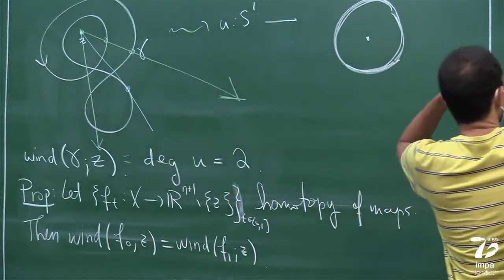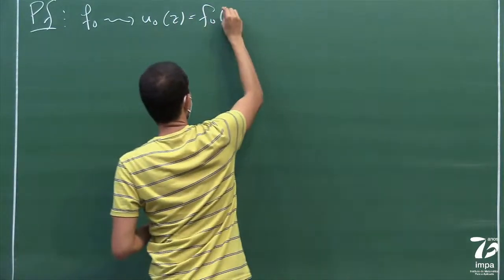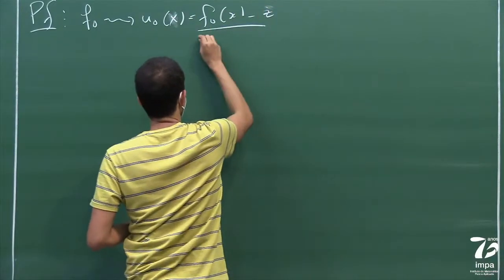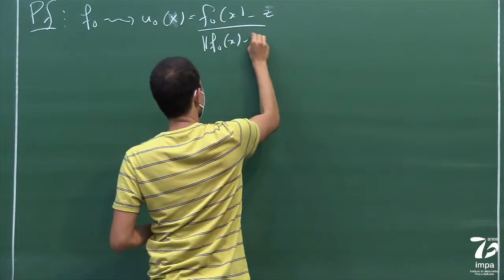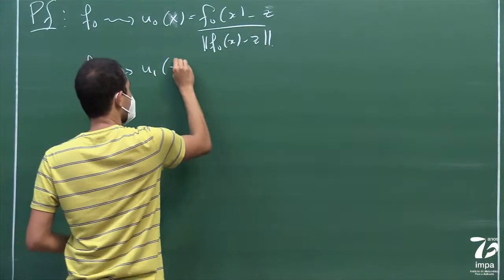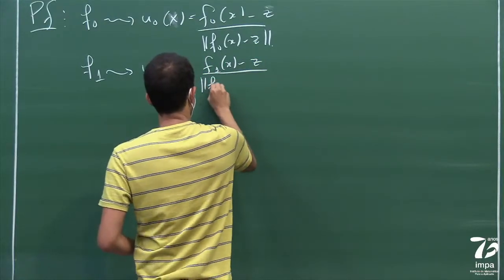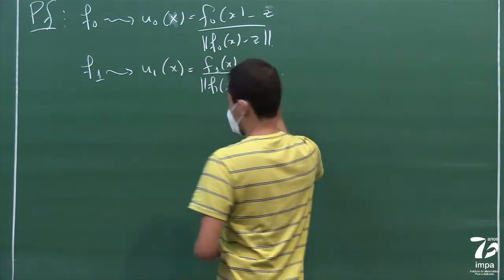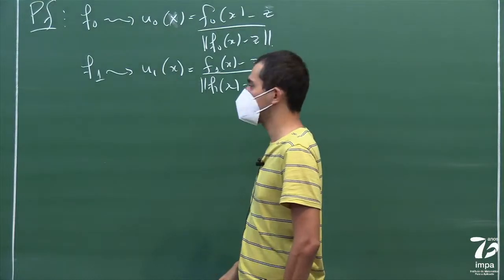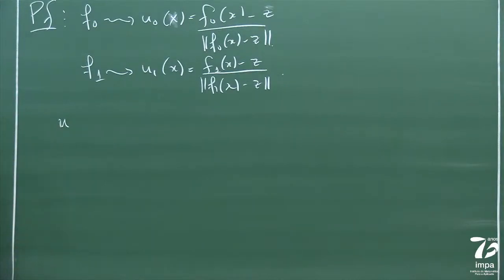For F0, we construct the map U0, which is F0 of x minus Z over the norm of F0 of x minus Z, and the same thing for F1: F1 of x minus Z over the norm of F1 of x minus Z. We know the winding number of these functions is by definition the degree of U0 and the degree of U1. But now, U1 and U0 actually are homotopic.